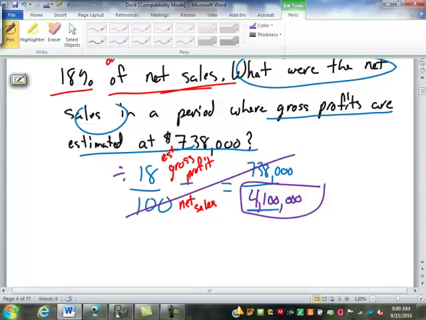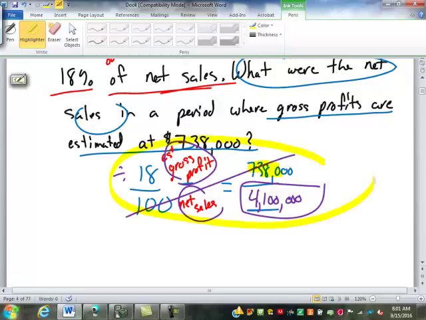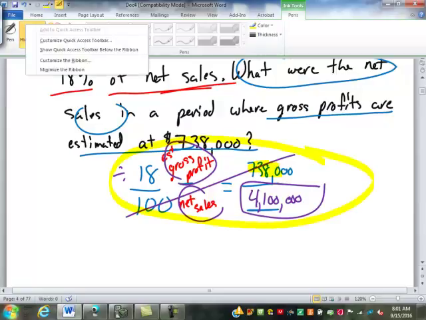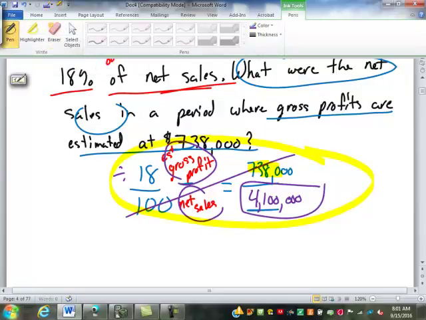So you can see here, by using this proportion, you can actually label the pieces and what each number represents, and you can make sure you keep things straight. A lot of you, if you hadn't done that, would have ended up with the 738,000 on bottom, and you'd end up with a smaller number. There's a few of you saying that. Let's look at another one.